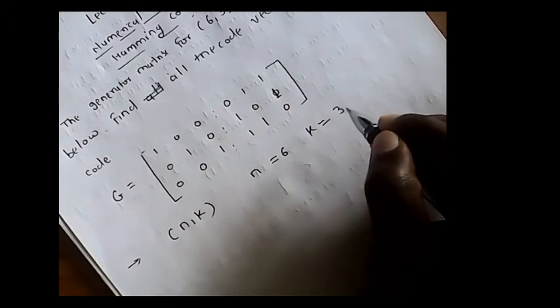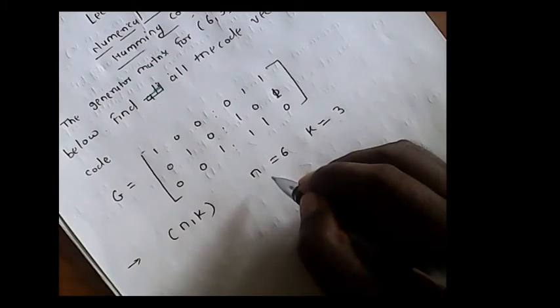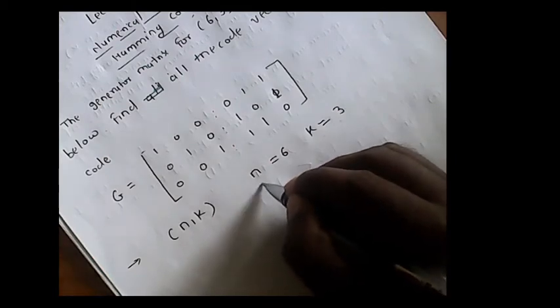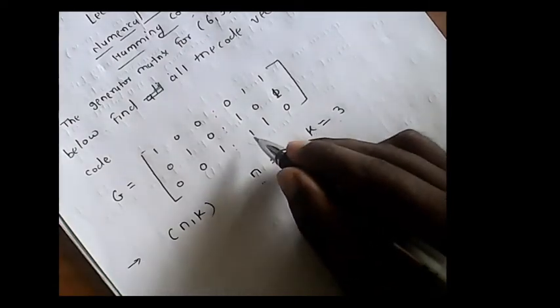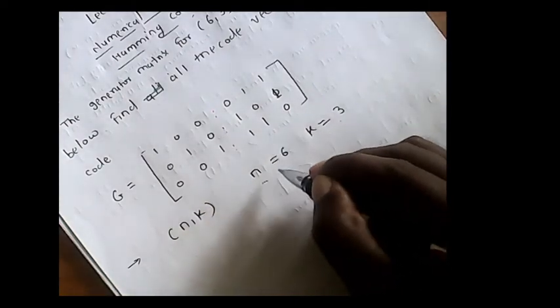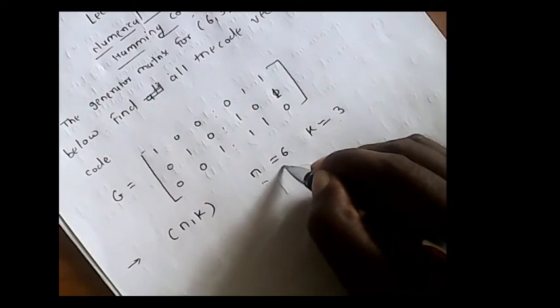So that means the message block size is 3 and the length of the code vector, n, is equal to 6. So we can obtain all possible code words for this given generator matrix having code vector length 6 and message length 3.